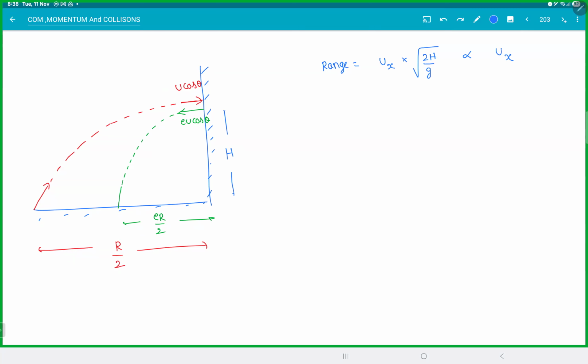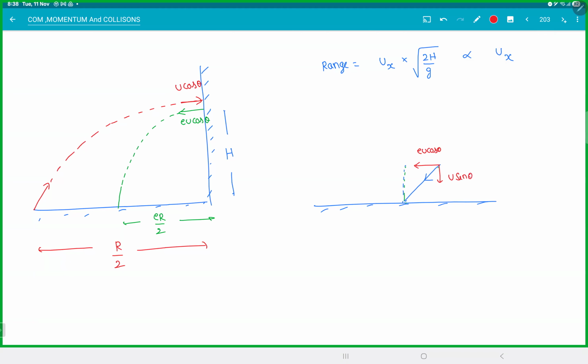Next thing. So now when you come and hit the ground, what happens? Now when you are hitting the ground, remember your velocity, right? The horizontal component has become eu cos theta. So when you come back to the ground, the vertical component will be u sin theta.